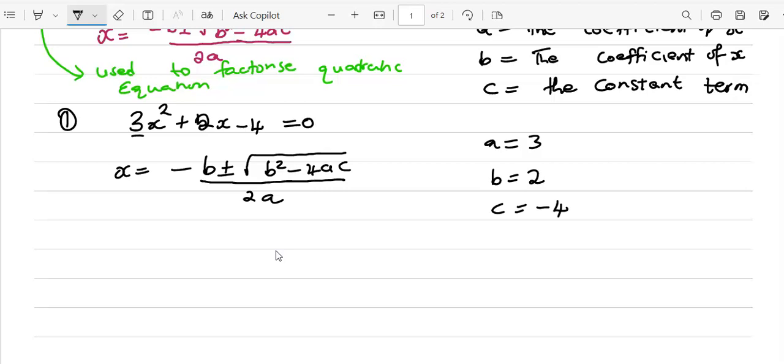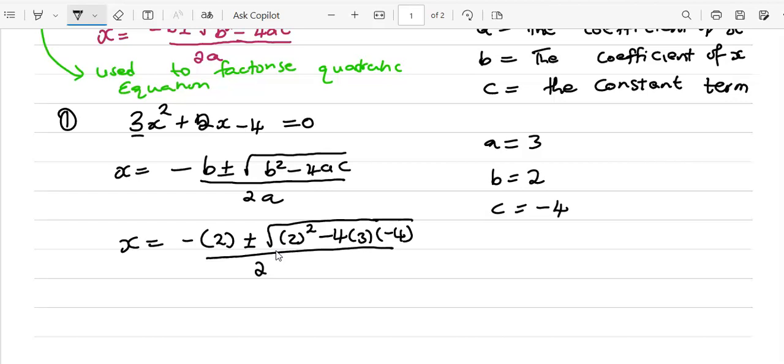You just have to plug in the ingredients and follow the steps. So let's plug this in. We have minus, where there's b we put 2, close the bracket, plus or minus the square root of, where there's b, 2 squared minus 4. The value of a, we said, is 3. The value of c is minus 4.